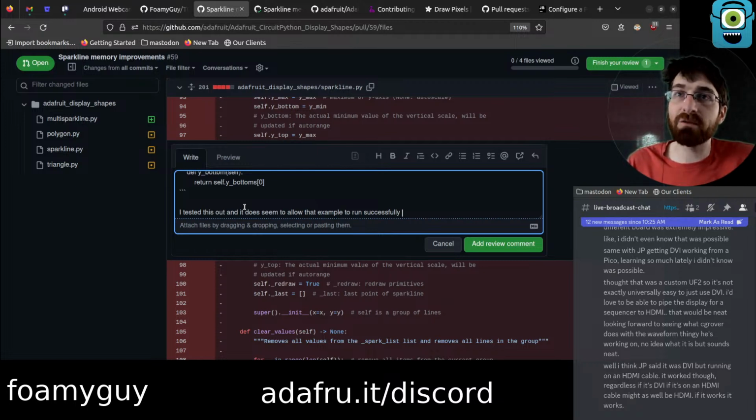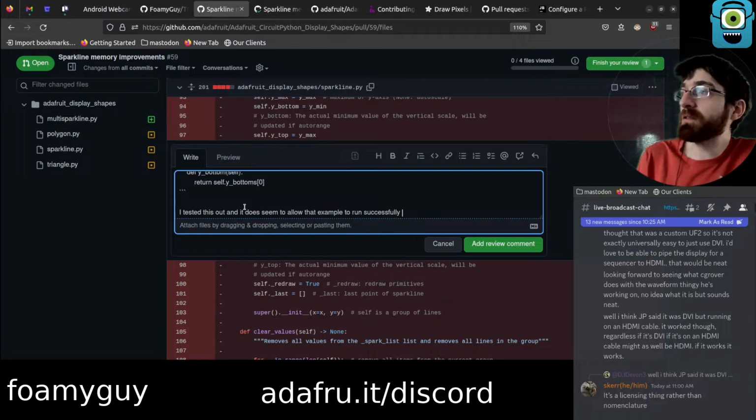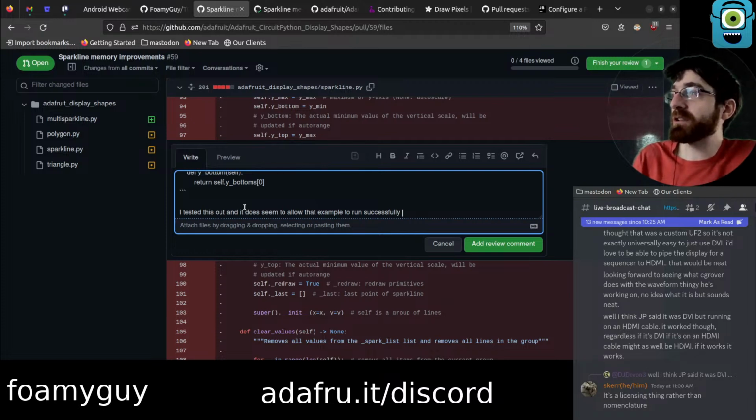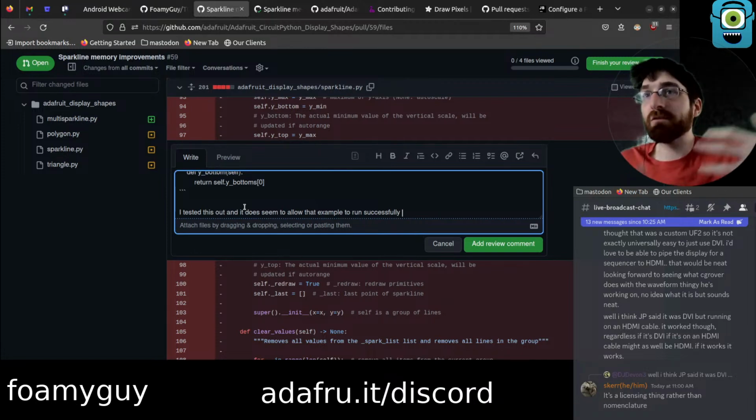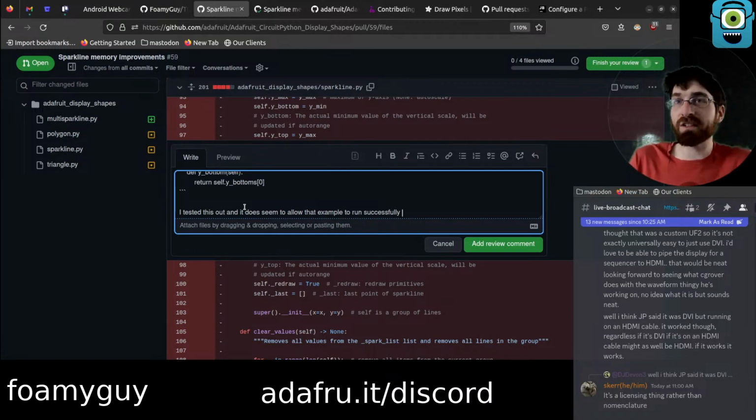I assumed he had an actual DVI with the white and all the pins. It's a licensing rather than a nomenclature. Oh, I see. HDMI is not actually technically a cable. I mean, it is a cable, but if you want to use the term HDMI, you're talking about a specific implementation of that cable and the licensed variations thereof, rather than, generally speaking, the cable that has the shape that plugs into an HDMI plug. Gotta love stuff like that.